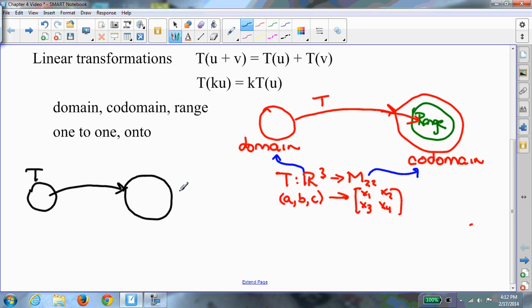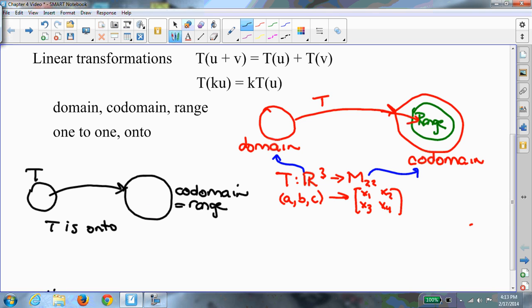And it turns out this set is both the codomain and the range. If this is true, then T is onto, because it maps to everything in the codomain, which is also the range.